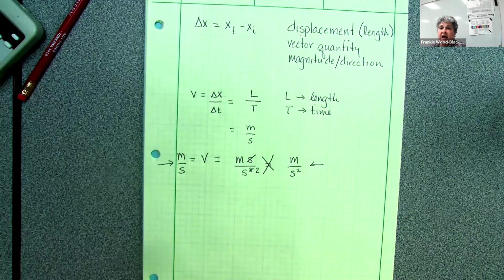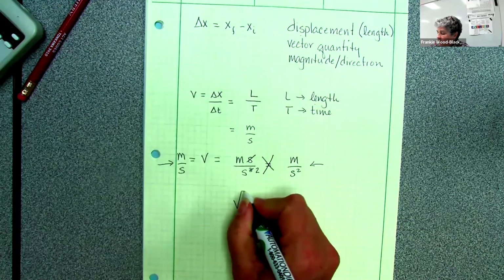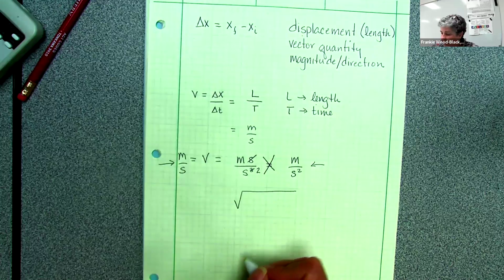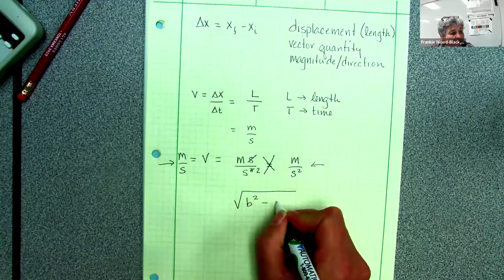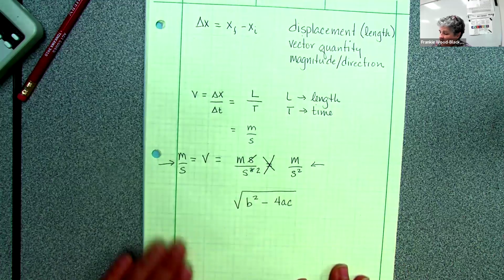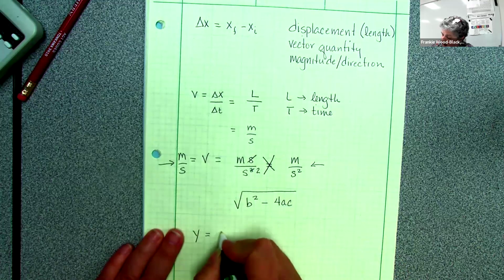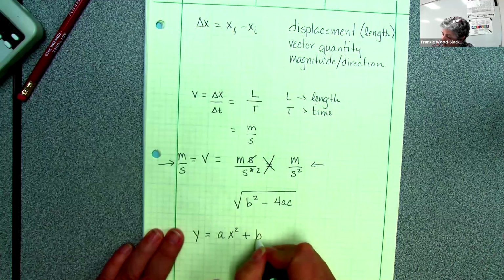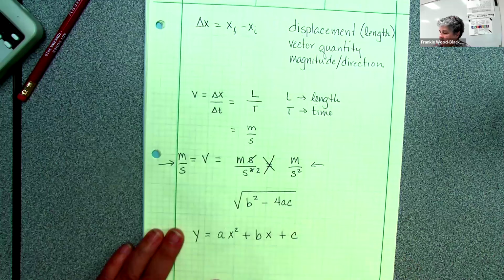One of the problems we had the other day, we were using the quadratic equation. And when we used the quadratic equation, we had our b squared minus 4ac under the quadratic. And that came from a variable which was equal to an a times my variable squared plus a variable here plus some constant.